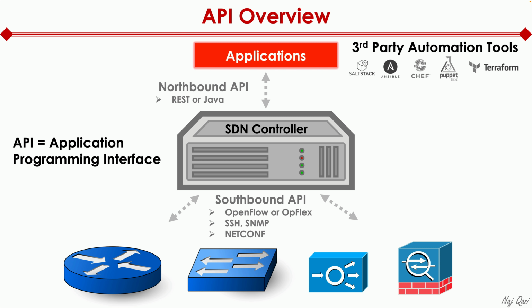But if you want to take this to the next level, we can use third-party automation tools like Ansible, Chef, Puppet. These three I'll cover later in this video today. But the idea is that I can use applications on the northbound to be able to program my network intelligently and in an automated fashion.